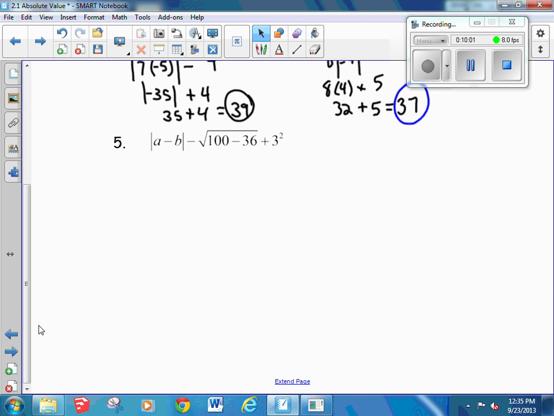So what's the very first thing that I should do with this problem? Vaishu? Put in numbers. Yeah, put in our numbers for our A and B. I don't remember, is it -5 and 2? -5 minus 2? So that's all I'm going to do the first go around.